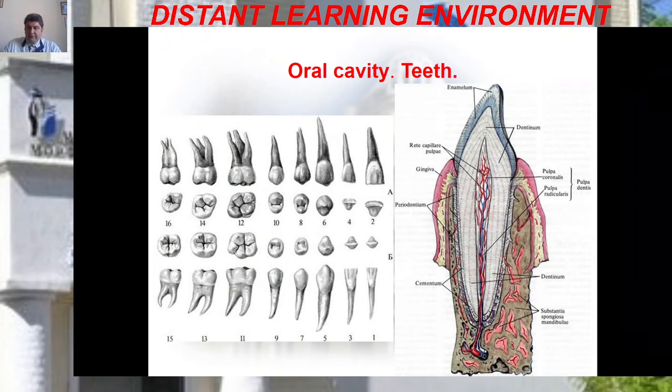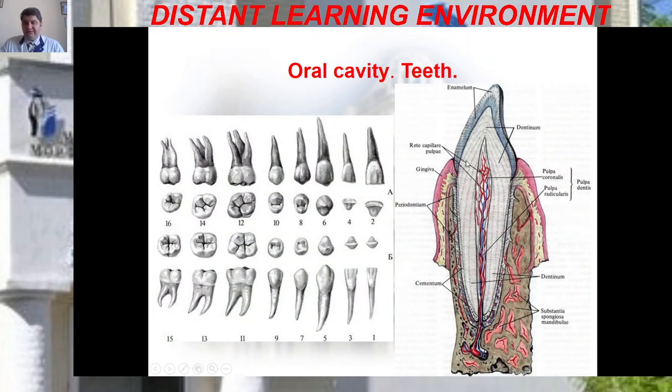So crown is covered with enamelum, and neck and root are covered with cementum. So you may see the internal part of tooth.